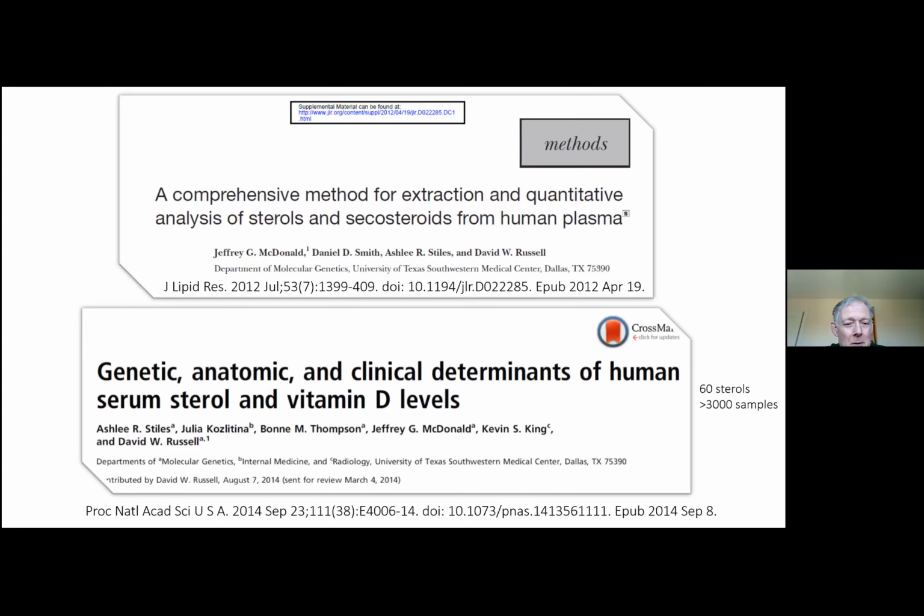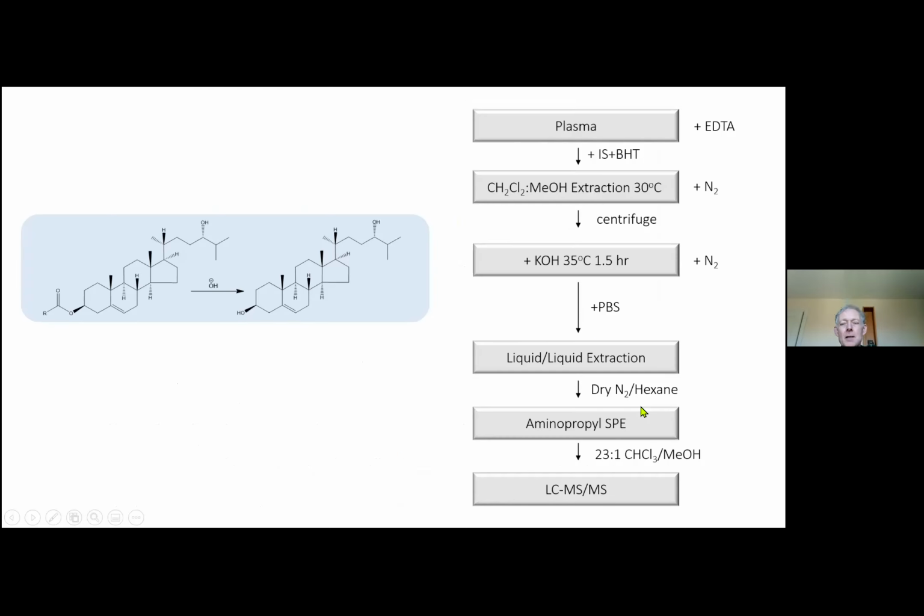And I think the most impressive study that I've seen on oxysterols is this study by Jeff and David Russell and Ashley Stiles, where they analyzed over 3,000 plasma samples looking at 60 different sterols. So this is quite a lot of work, and it's a very impressive paper. So let's have a look at Jeff's method.